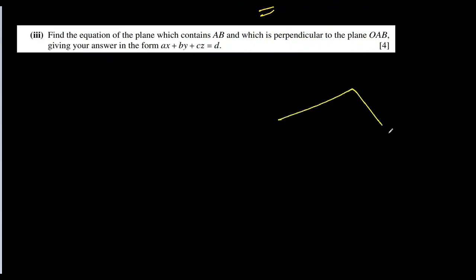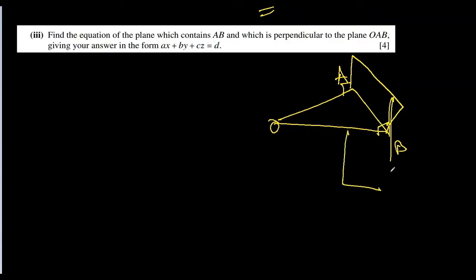Okay. So suppose this is the plane AOB, right? But we don't want equation of this plane. We want equation of a plane which is perpendicular. Let me draw perpendicular to this. So this plane can be this plane, which is perpendicular to the existing plane. To write the equation of a plane, which is this plane, which is perpendicular to AOB, we should have A, B, and C first.